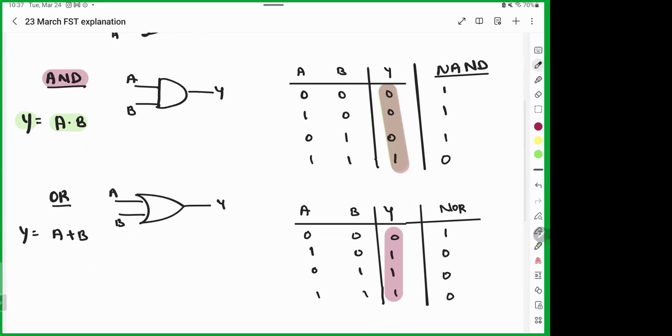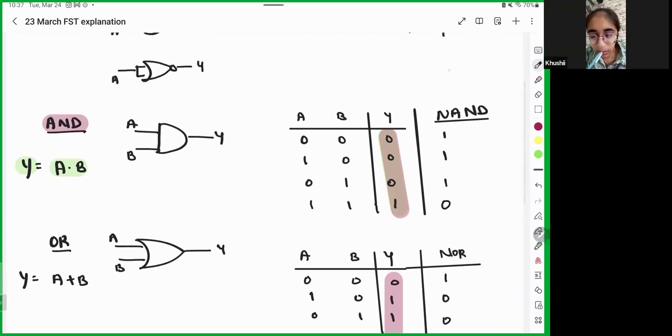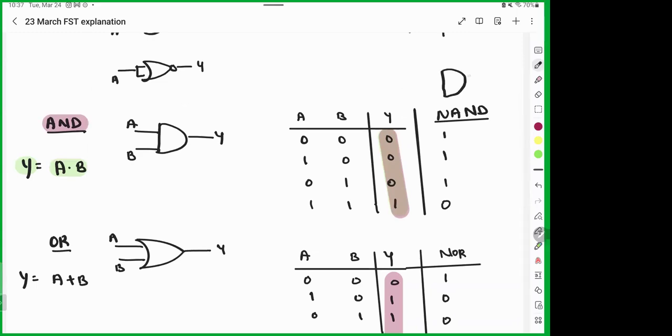NAND is like AND plus NOT, and if you take OR plus NOT, this is NOR.